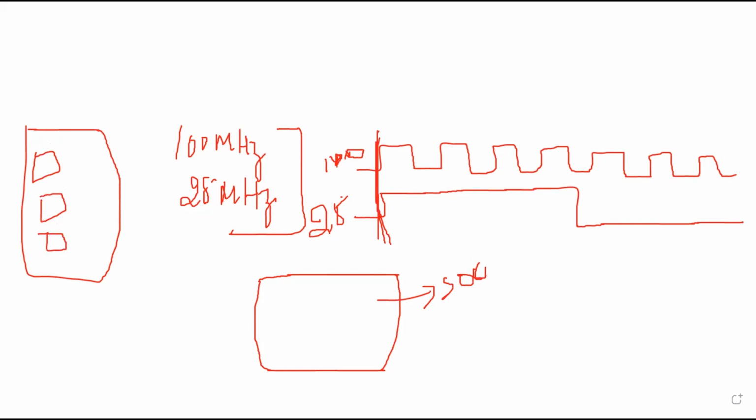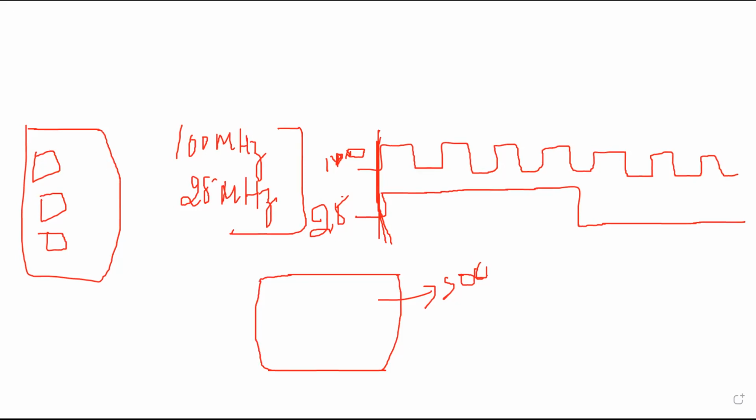Yeah, hard black things. In layman's terms, we call them ICs.